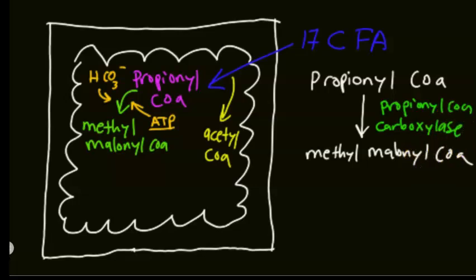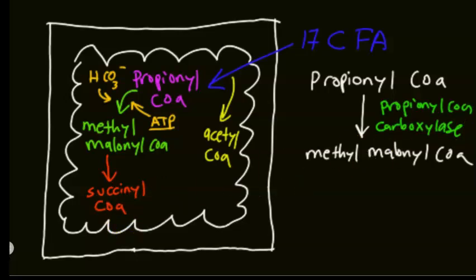During the next step of this process, we're actually going to take that methylmalonyl-CoA. It's actually going to undergo a shift from the D form to the L form, and the L form of the methylmalonyl-CoA will actually be converted into a Krebs cycle intermediate known as succinyl-CoA.